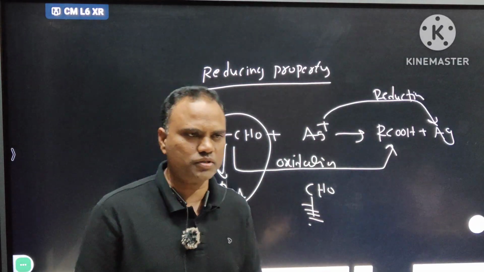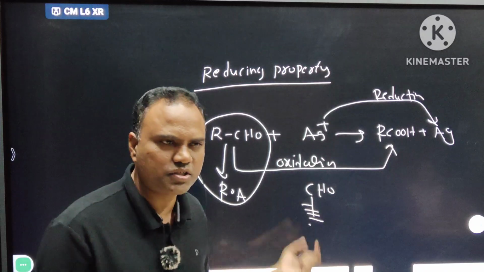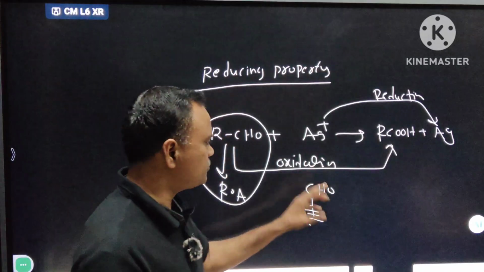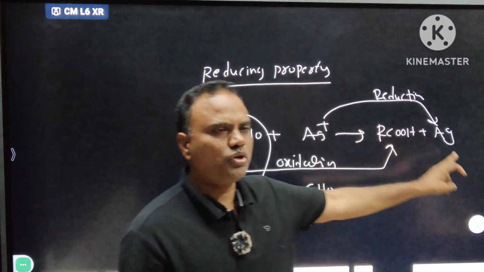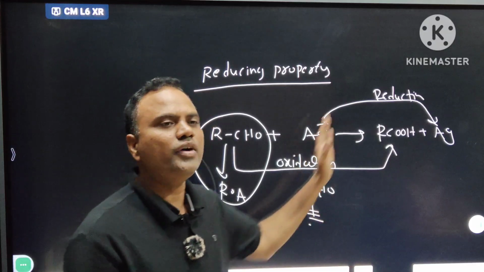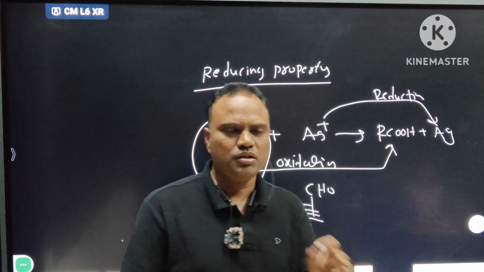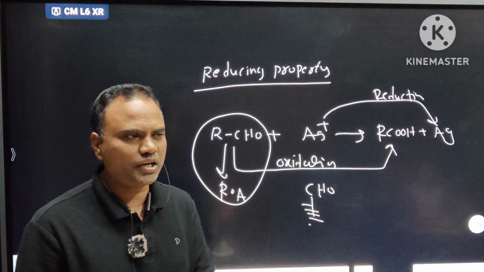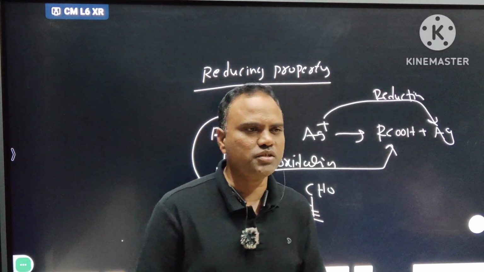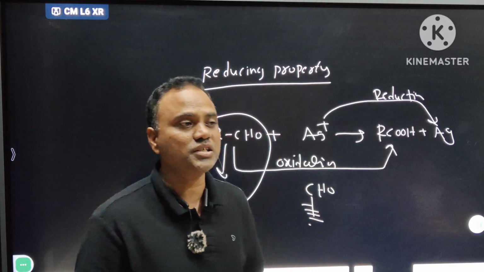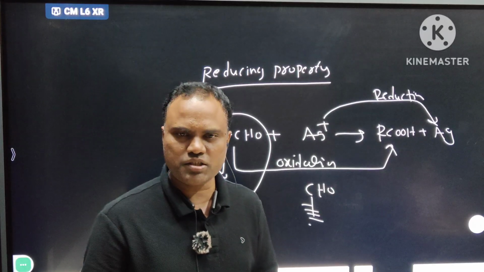I am taking glucose as the example. Glucose is a reducing agent because it contains an aldehyde. Glucose reduces Tollens, Fehling's, Benedict's. The carbohydrates or saccharides which reduce Tollens, Fehling's, Benedict's reagents are called reducing sugars.